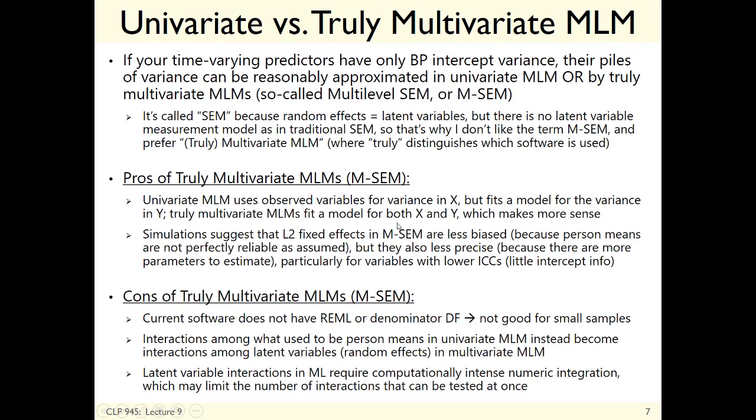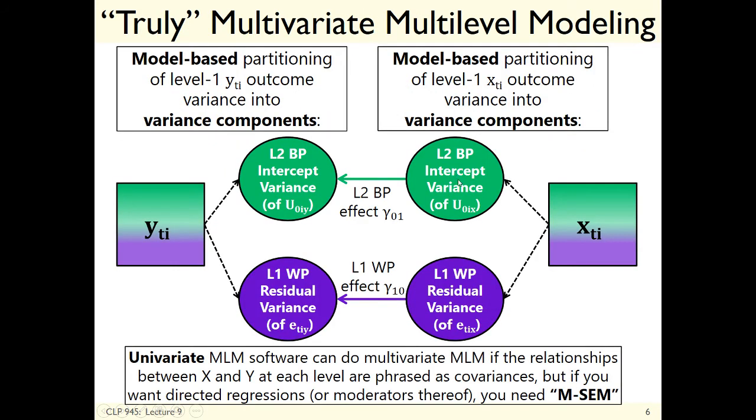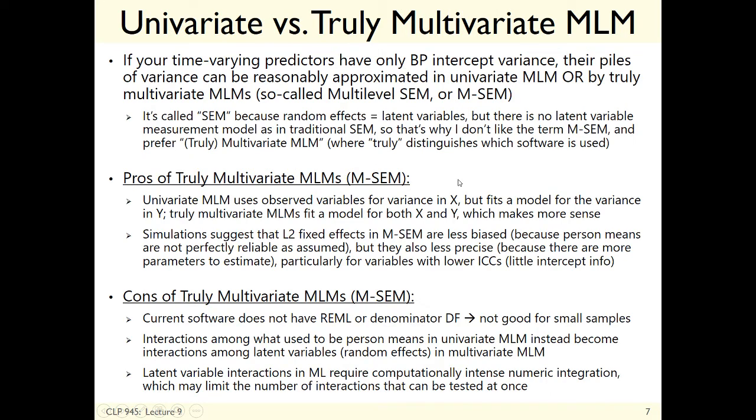So why not do everything this way? Well, because these are latent variables. So pros, it's flexible. It makes sense to treat X the same way you treat Y. There's also some simulation studies that suggest that the level 2 effect is better, or I'm going to say stronger. It's unclear whether it's better.